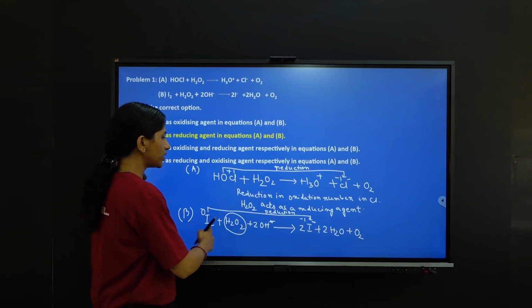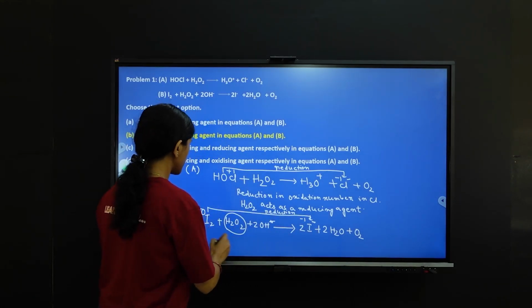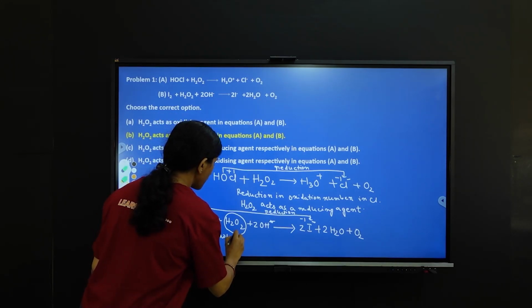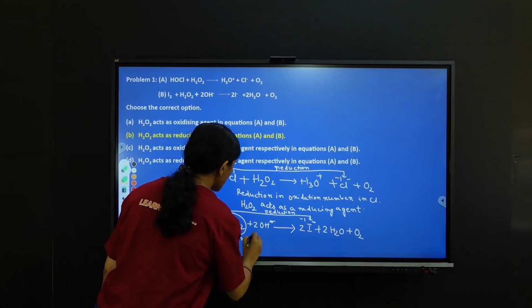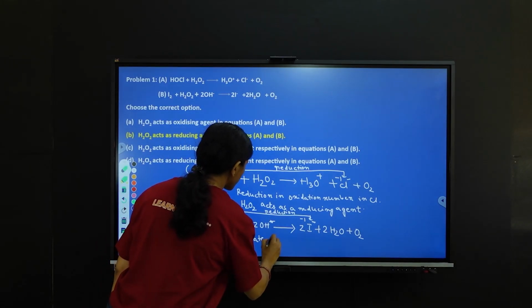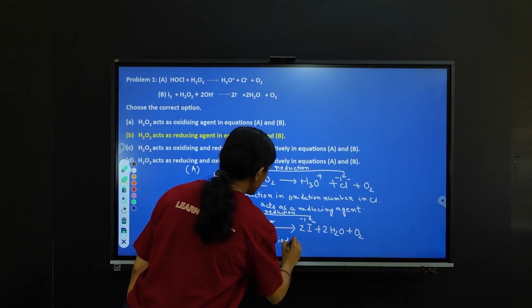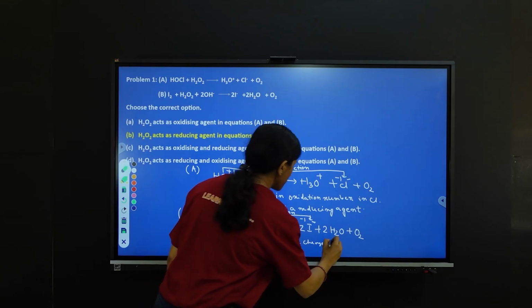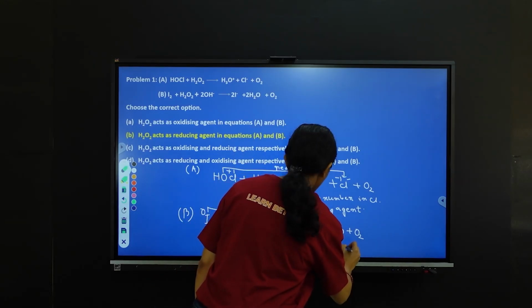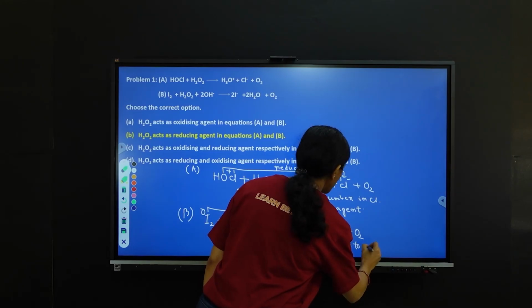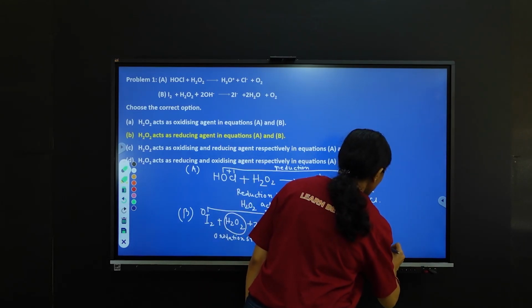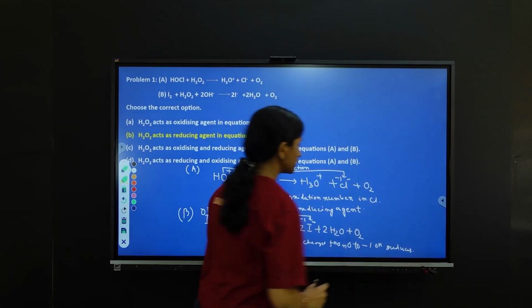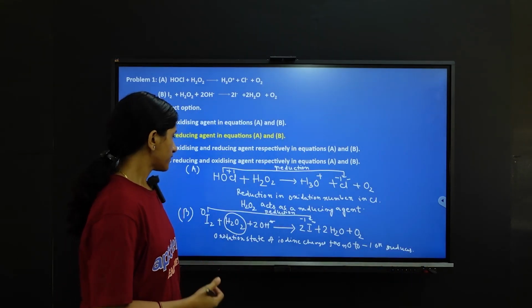So the oxidation state of iodine changes from 0 to -1, that is, it is reduced. This reduction process is also taking place in presence of H2O2.